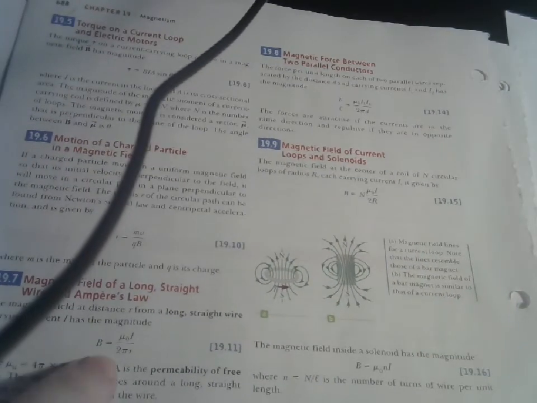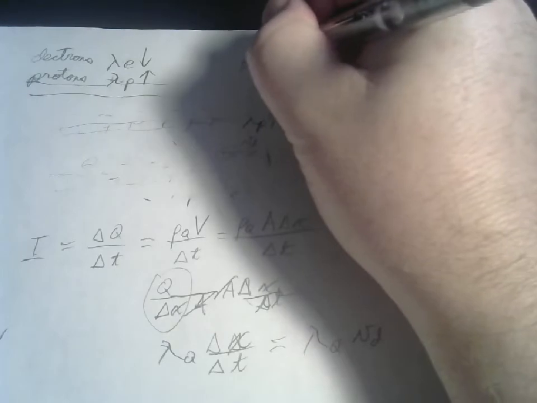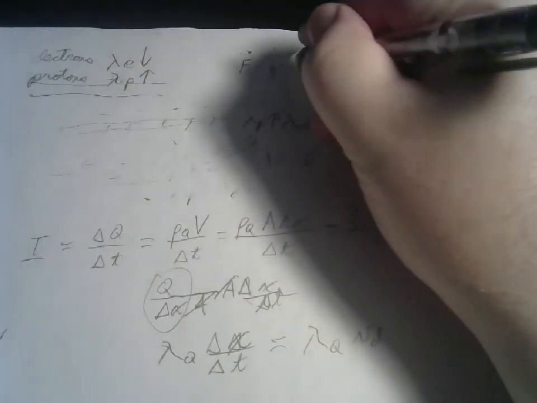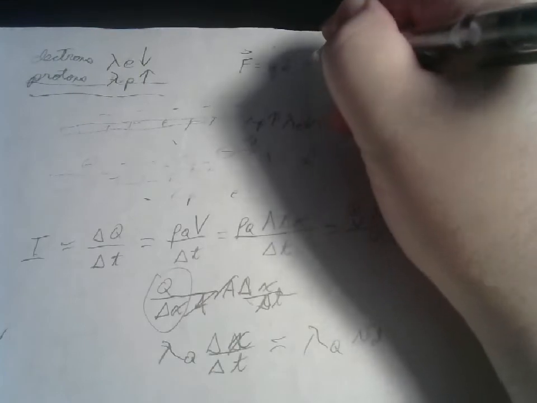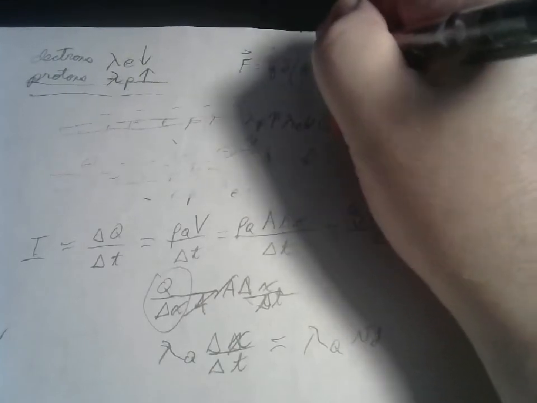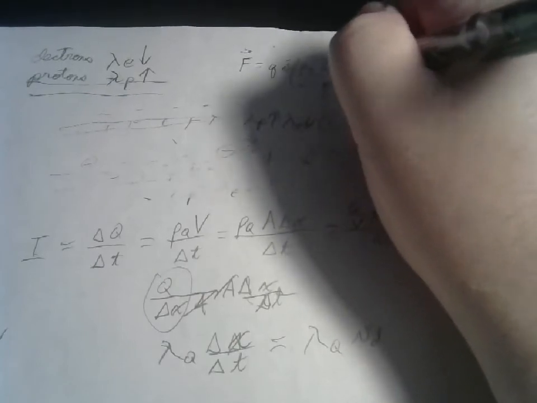which means I'm no longer going to be trying to derive equation 19.4, but instead I will be combining force equals qv cross B with B equals mu sub naught I over 2 pi r. So let's see if we can derive force equals qv times B, and B is mu sub naught I over 2 pi r.